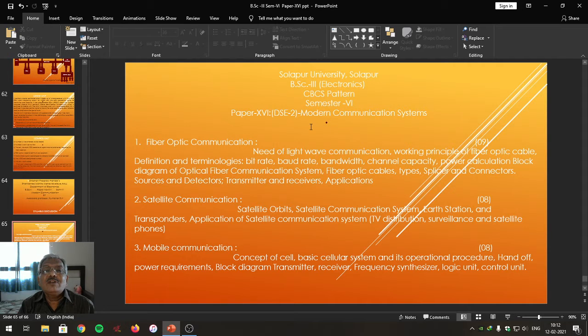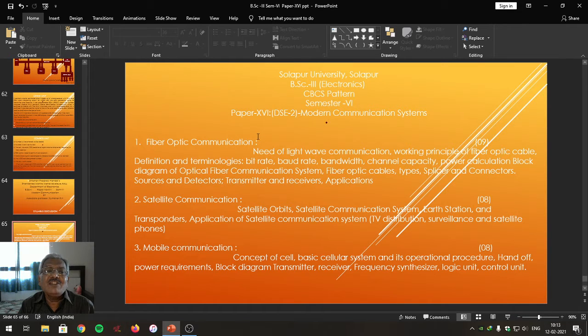In this particular paper, we are going to study again a total of 5 topics. The first topic is fiber optic communication. It means we are going to understand the communication of the electronic signal, carrying the information, the message, from transmitter to the receiver by using light radiation.